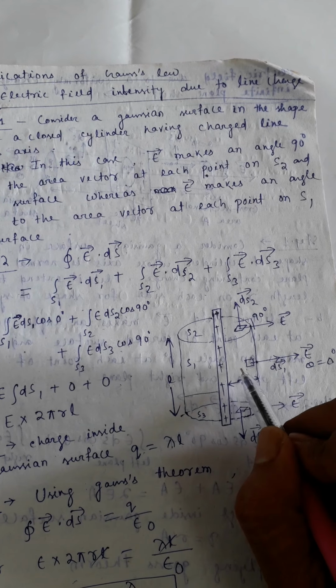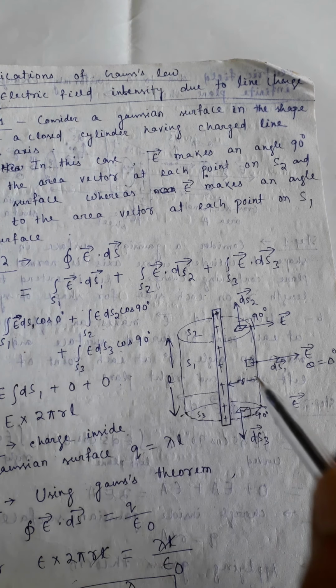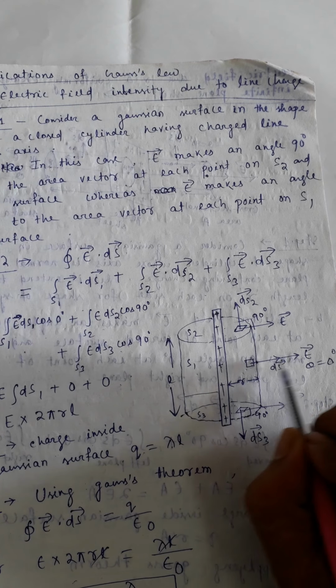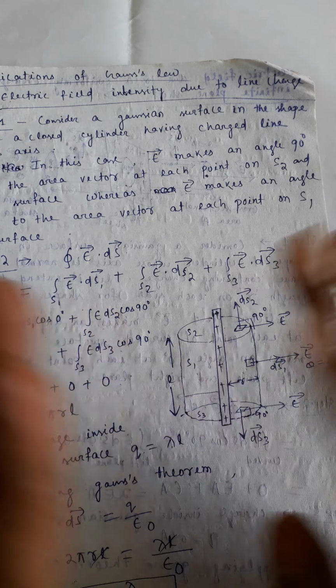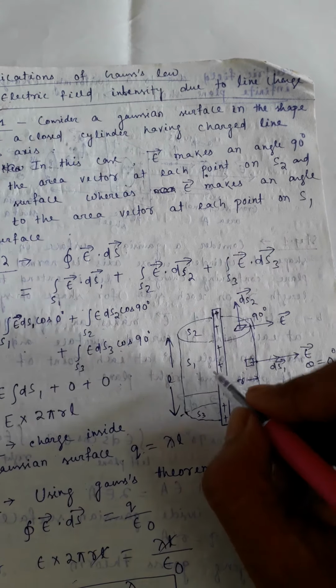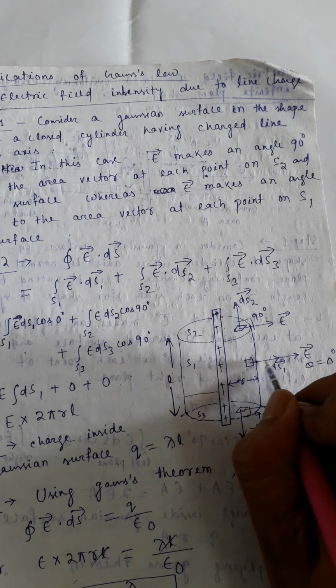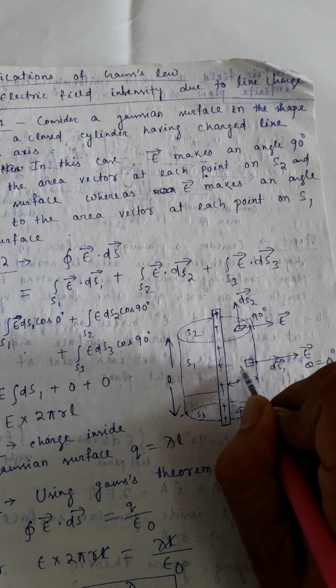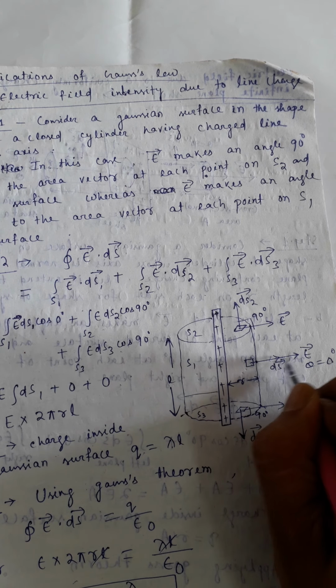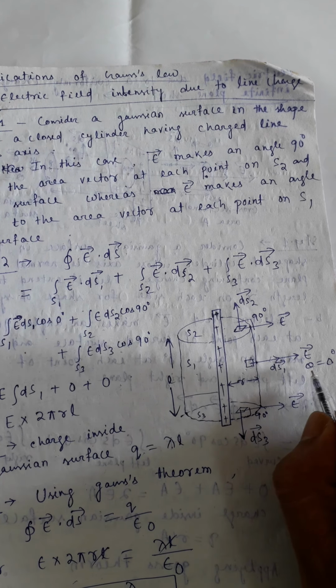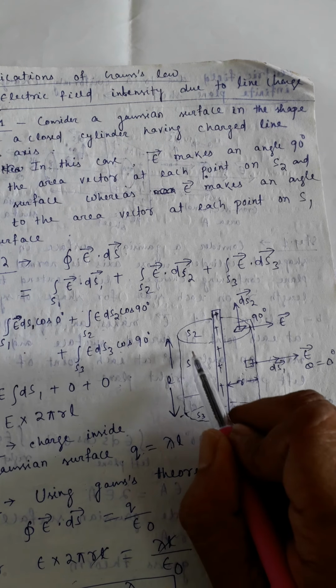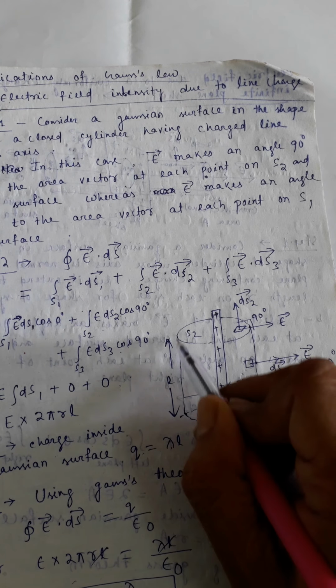The direction of the electric field and the direction of the area vector are always the same for a curved surface, because the electric field is always directed outward, and the area vector is also directed outward and perpendicular to the surface. So here theta is 0. It is the same everywhere on this curved surface.